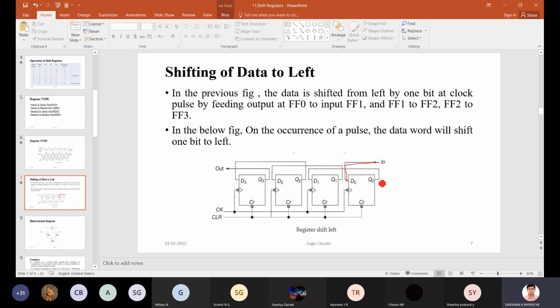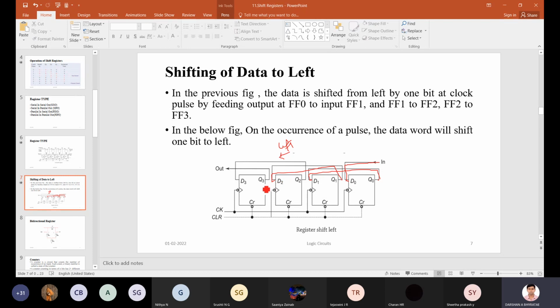The output of the first stage I am going to connect to the second stage, D1. Again, the output of the second stage I am going to connect to the third stage, D2. Nothing but what? It is left direction. We call this a left direction.